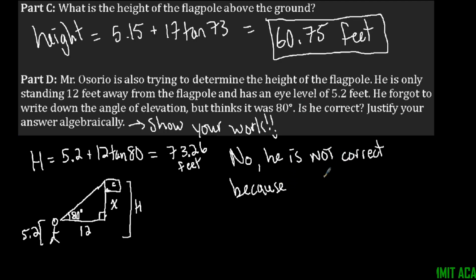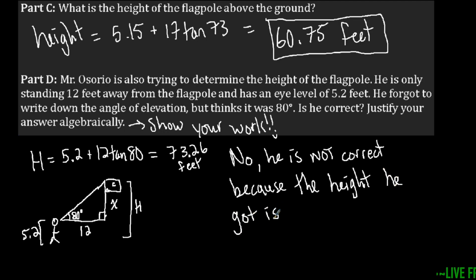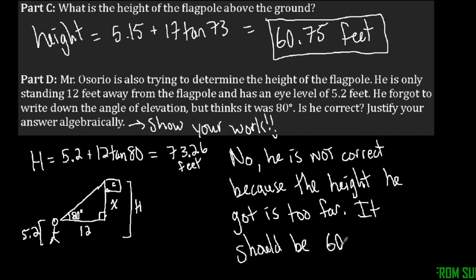So it says he is not correct because the height he got is too far, meaning it's just too high. And we could say it should be the 60.75 feet.